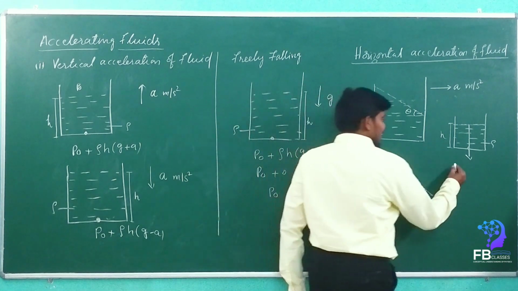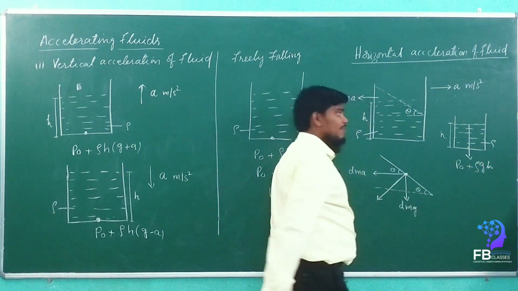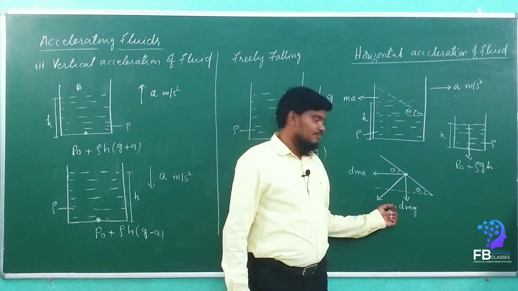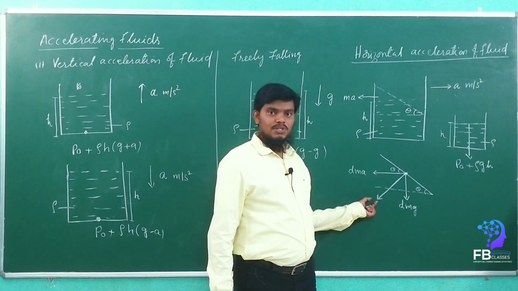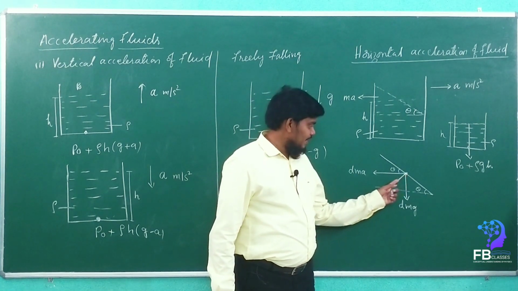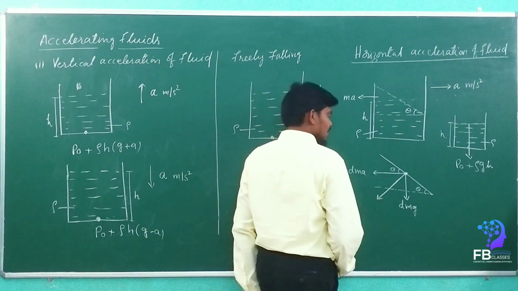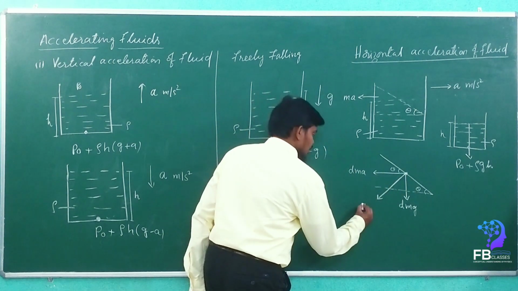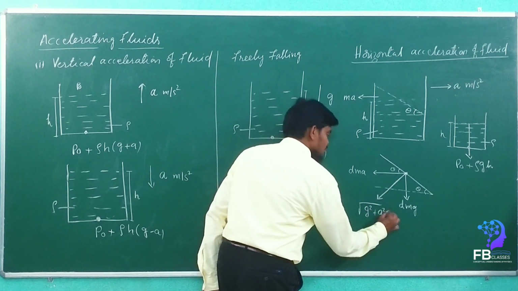That we write as P naught plus rho g h. In a similar manner, we are going to write the equation here. The g effective, the net force, always acts perpendicular to the surface. How much value will come here, my dears? It will come as root of g square plus a square.